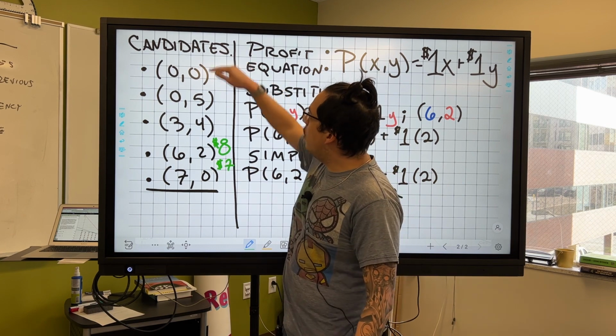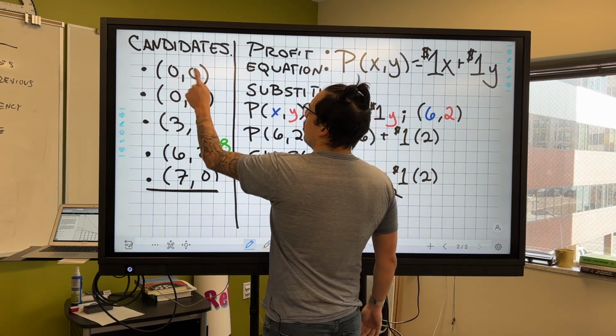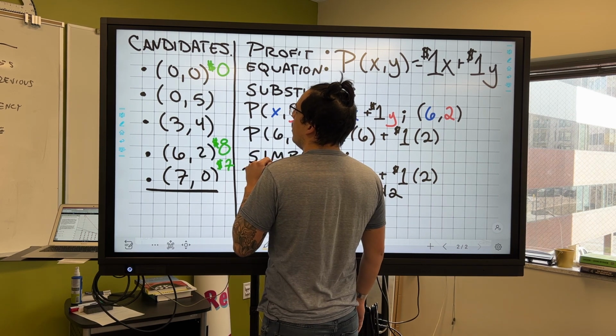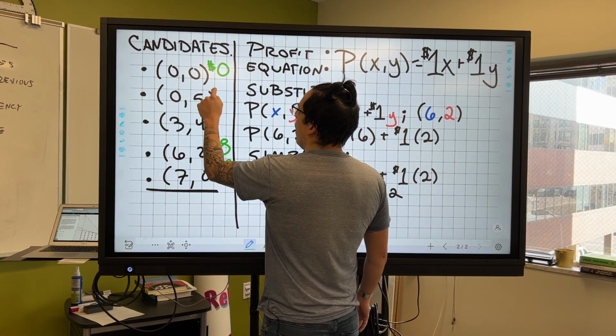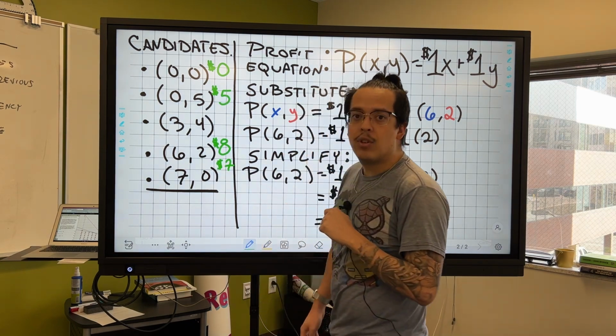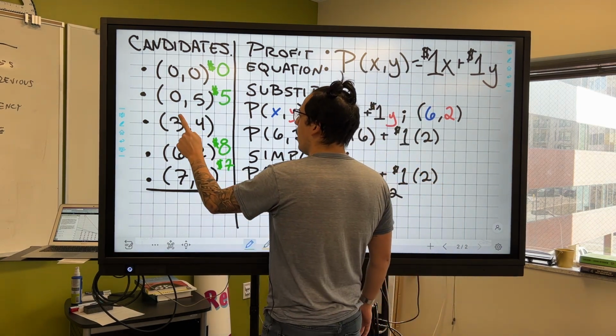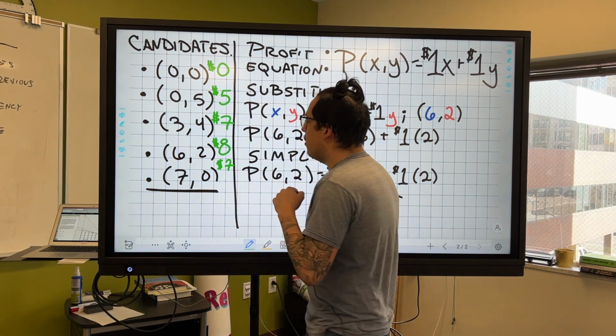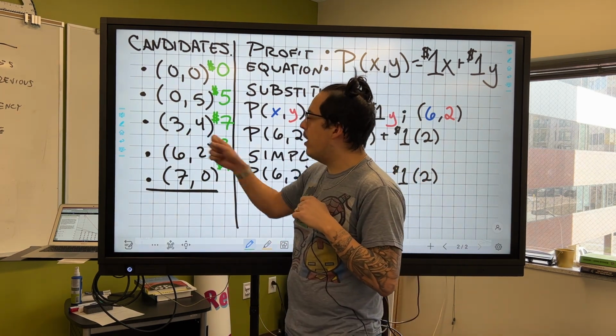So our other profits here, 0 plus 0 is 0. That's 0 bucks when we make nothing at all. 0 plus 5 is 5, which is $5 when we make 5 trucks and nothing else. 3 plus 4 is 7. So we're talking about $7 when we make 3 cars and 4 trucks.